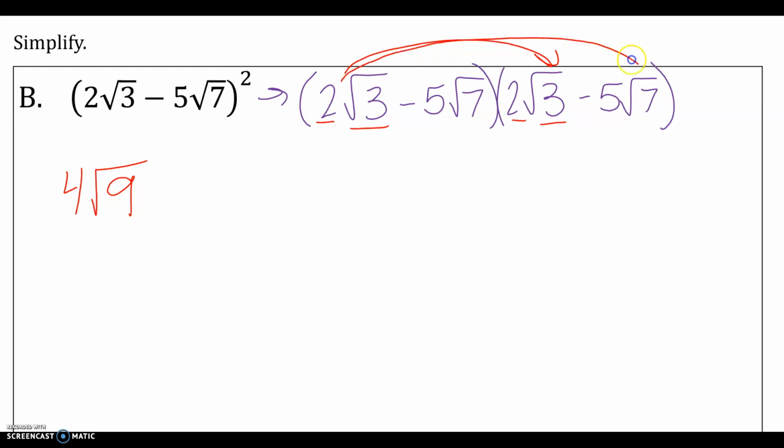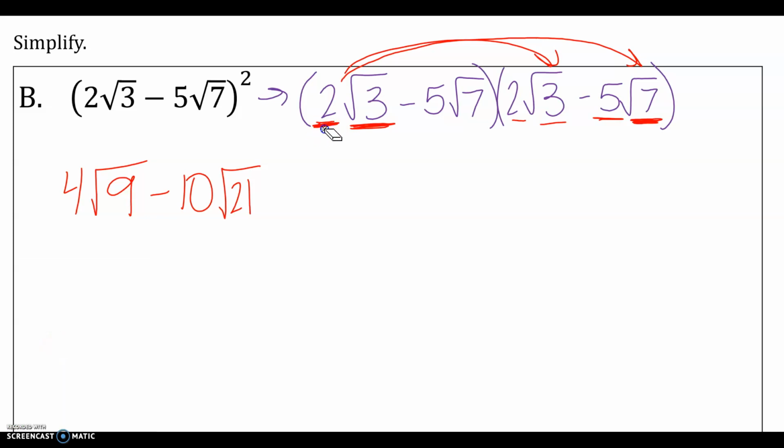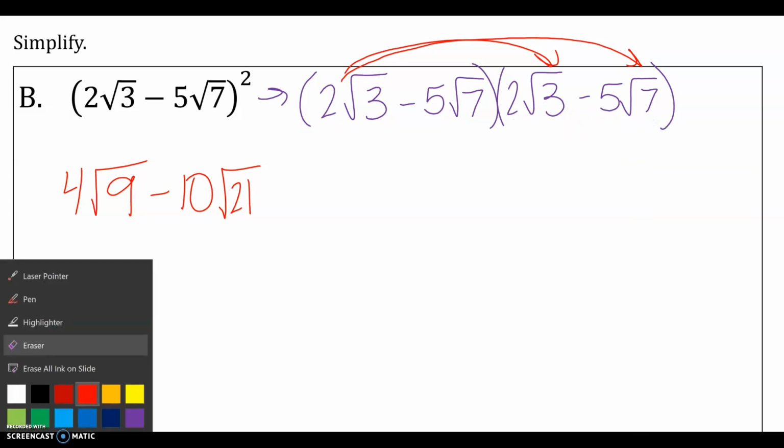Then we're going to do this arrow. So you have 2 times 5, negative 10. We have radical 3 times radical 7, radical 21. So now let's just erase this. And we'll do the next one.